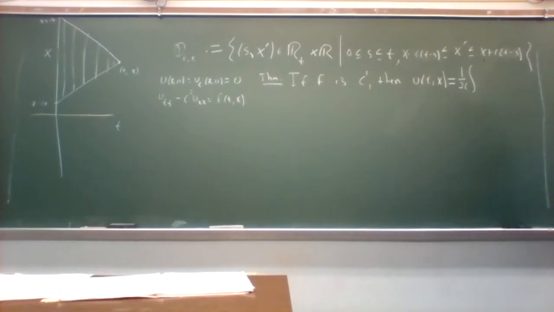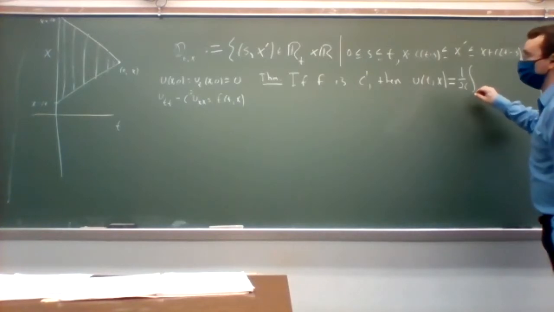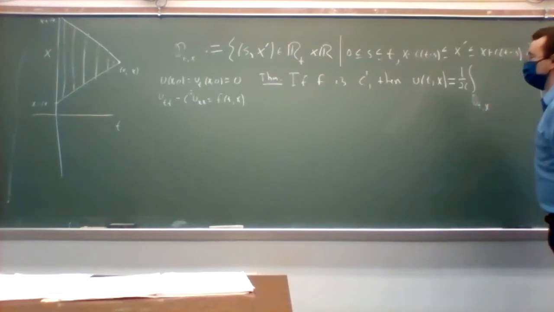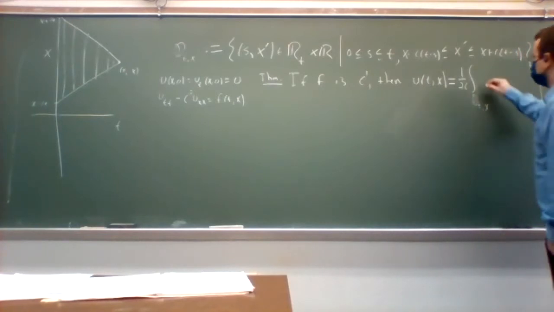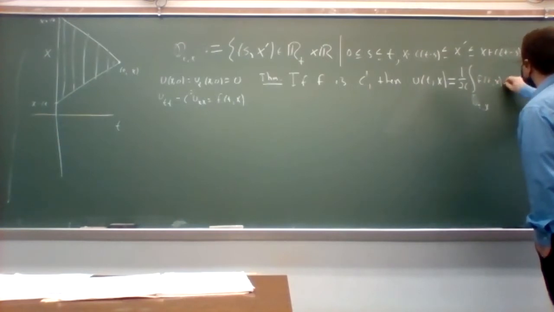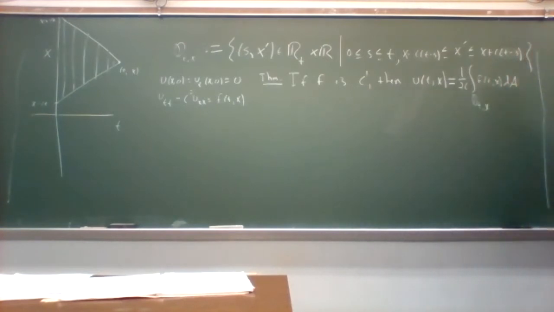So do the following area integral. Look at the integral over the domain of dependence of the forcing function. It's like an area integral. If you want to write this as an iterated integral, then you just use those bounds.